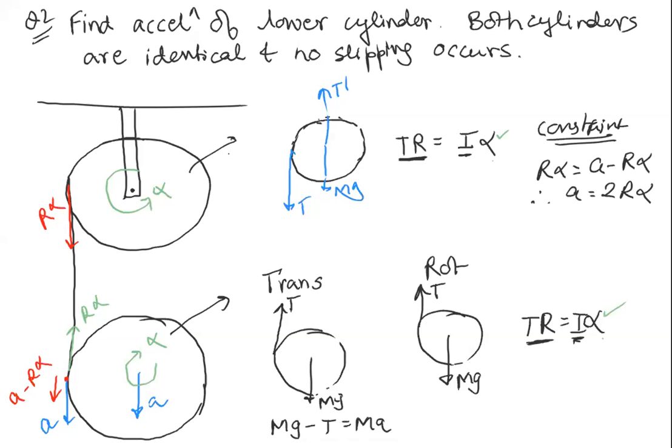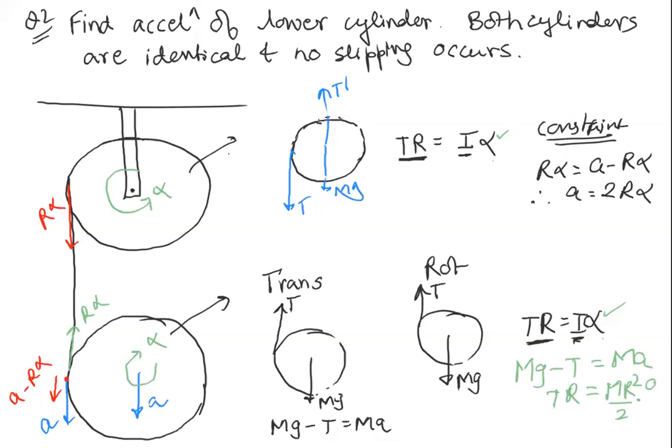नहीं, calculation mistake किया है. Now I'll just write the equation and solve. Mg minus T is equal to ma. TR is equal to I alpha. I is mr square by 2.